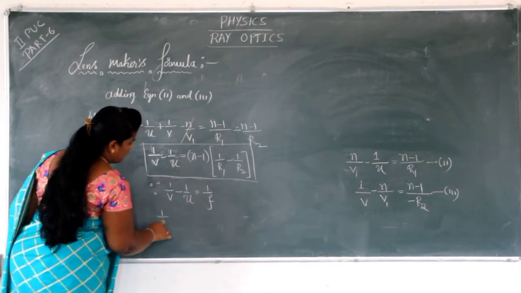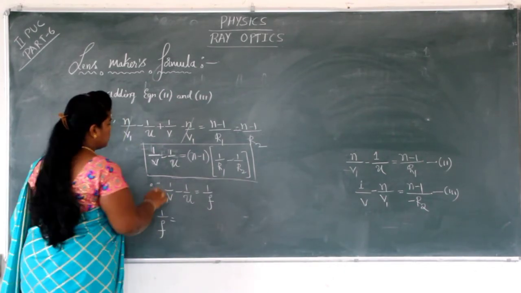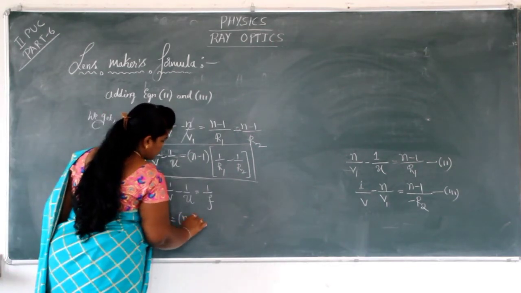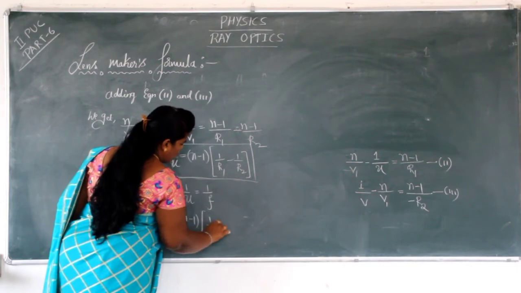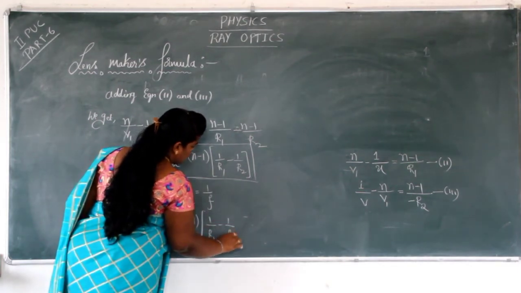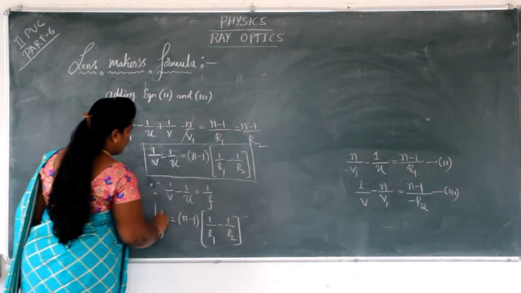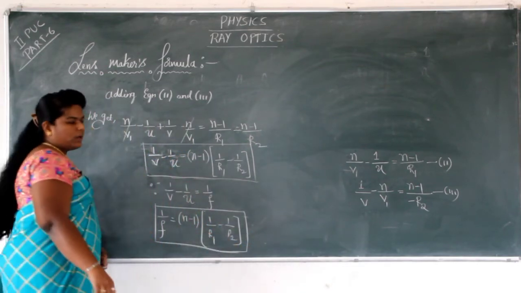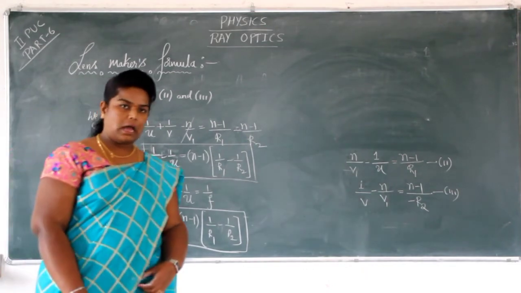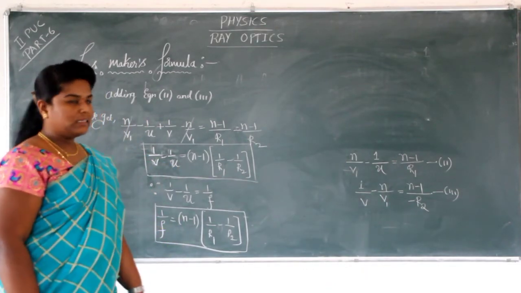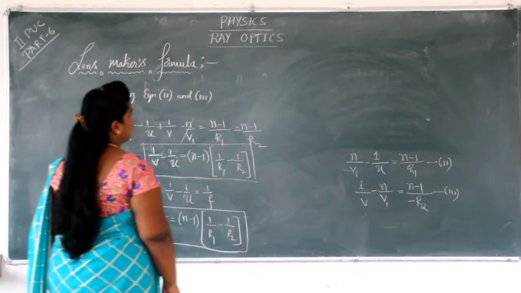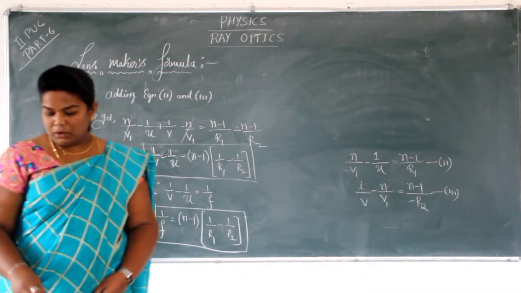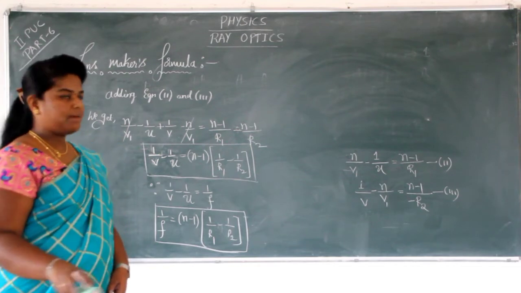So in place of 1 by V minus 1 by U, I am substituting 1 by F. So 1 by F is equal to N minus 1 into 1 by R1 minus 1 by R2, where F is the focal length. This formula is called the Lensmaker's formula. This is one of the important formulas which you will get in your examination.